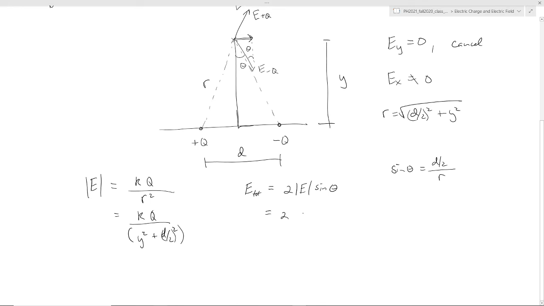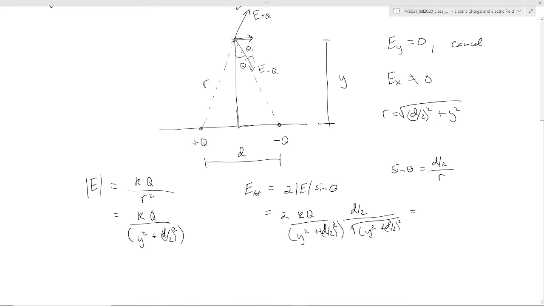So we'd have 2 times kq over y squared plus that times sine theta. So we'll pick up a d over 2 times another factor of this. And we could, of course, simplify this.